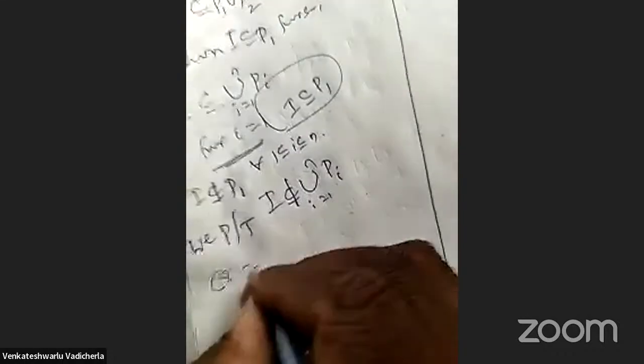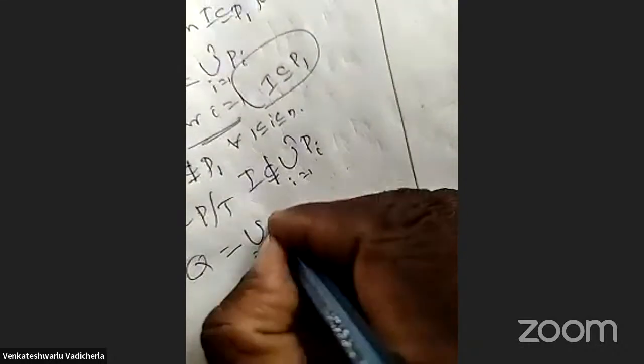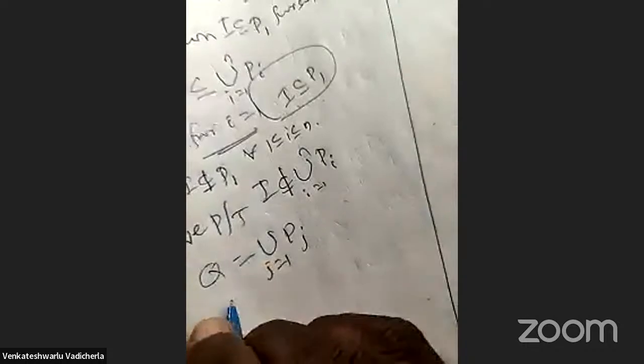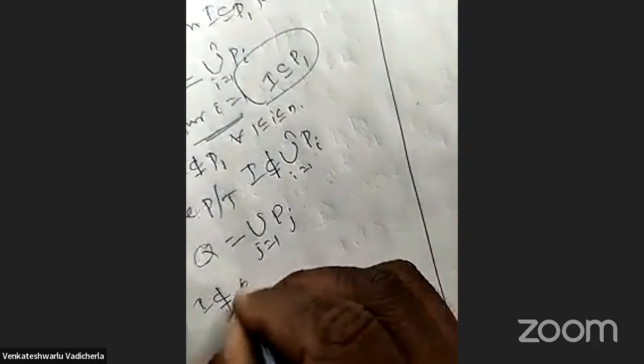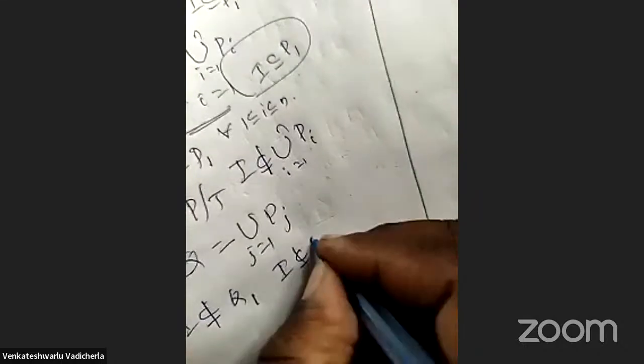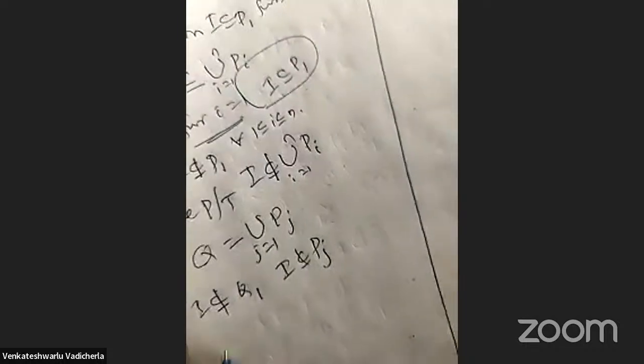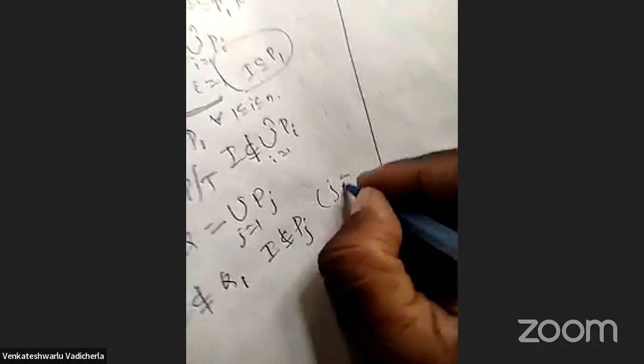Let Q be the union of the other prime ideals, the arbitrary union of j equal to 1 to n of Pj with j not equal to i. So by the induction hypothesis, I is not a subset or equal to Q, and I is not a subset or equal to the union of Pj, for whenever j is not equal to i.